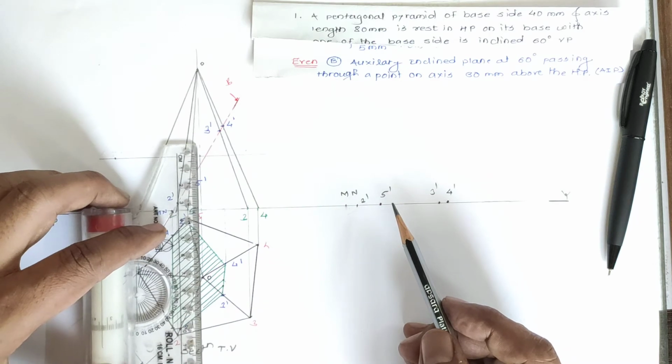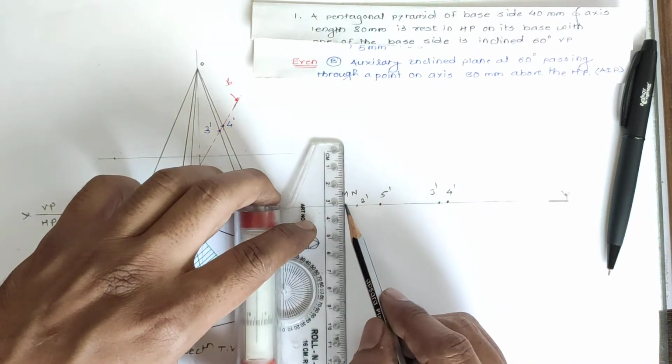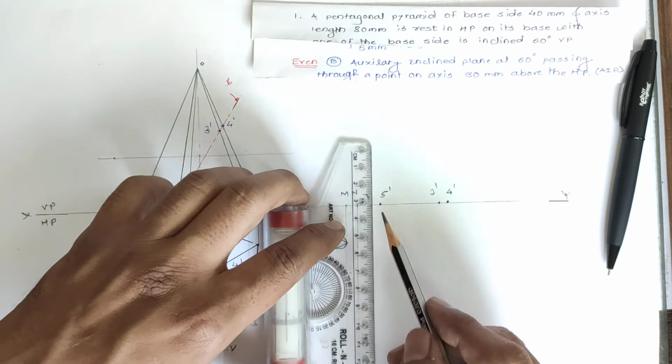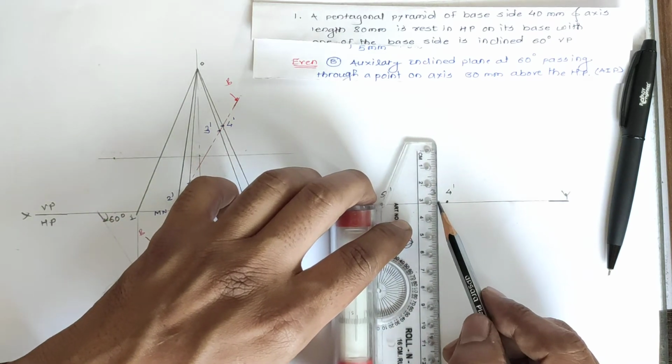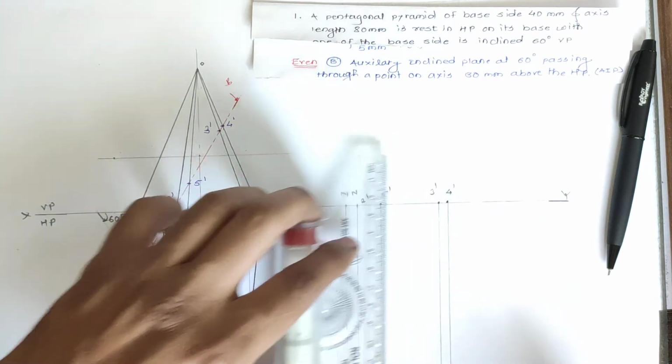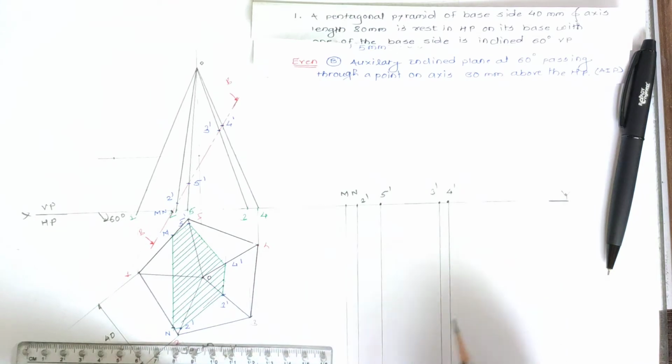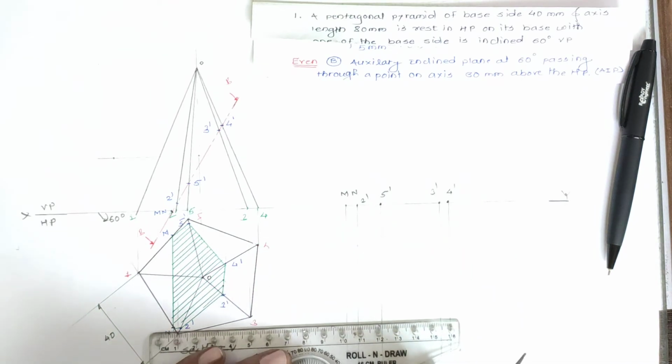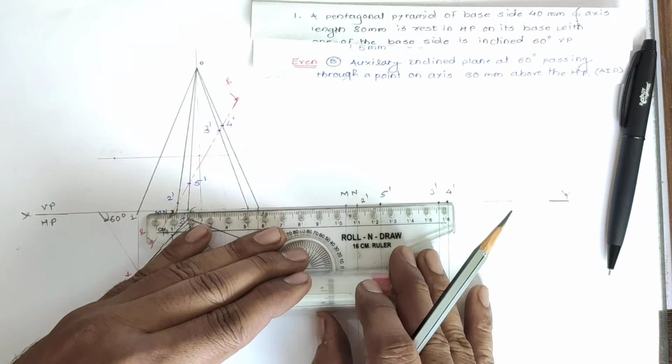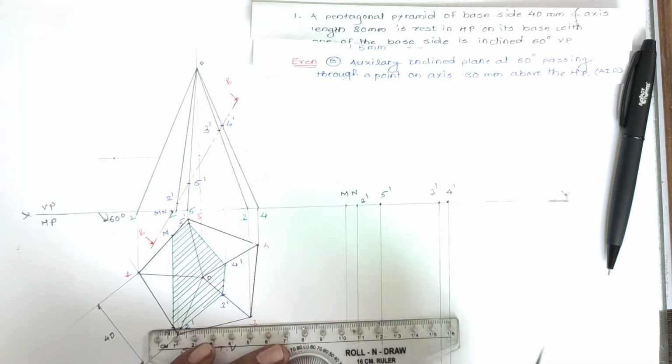Draw vertical projection lines parallel to the axis of the pyramid. Then take horizontal projection lines from each point parallel to the XY.